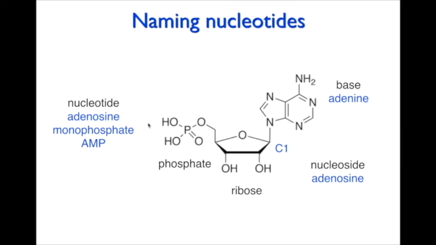If you add another phosphate here, it becomes ADP, and if you add another phosphate, it becomes ATP, which stands for adenosine triphosphate. In the deoxy AMP or ADP or ATP, this OH here is removed, it's missing, so you just have an H.